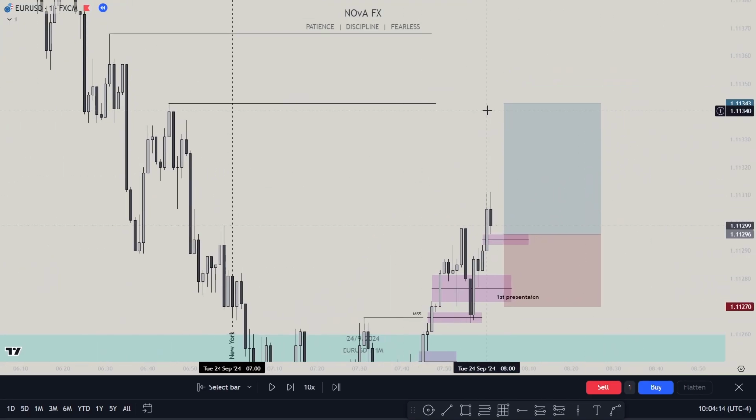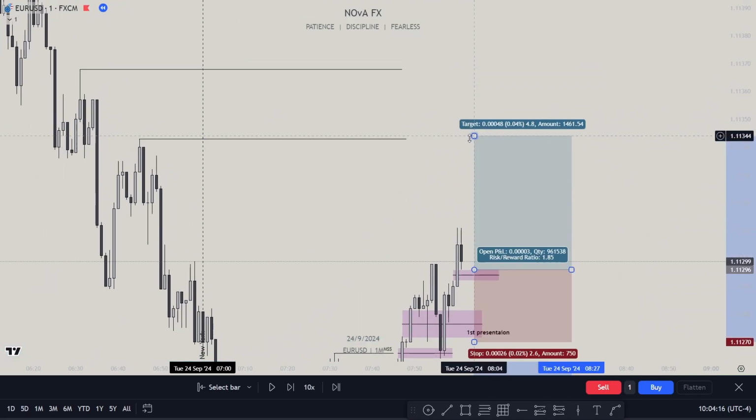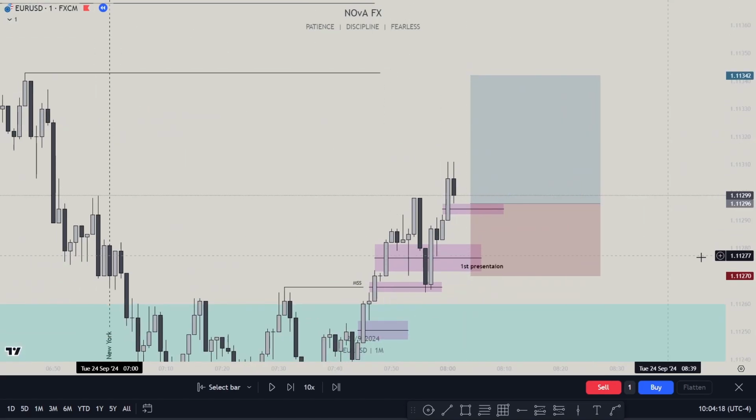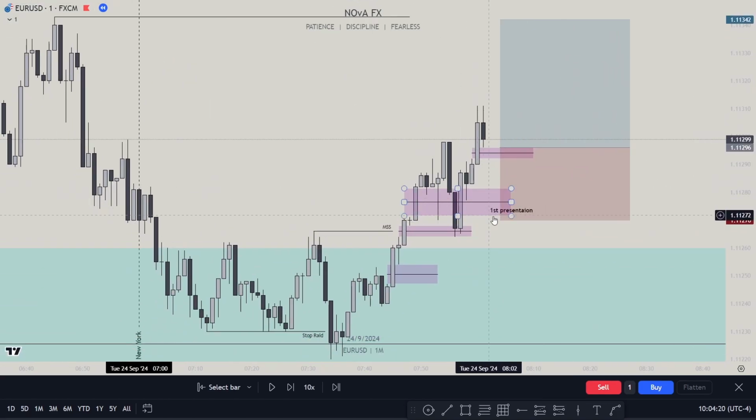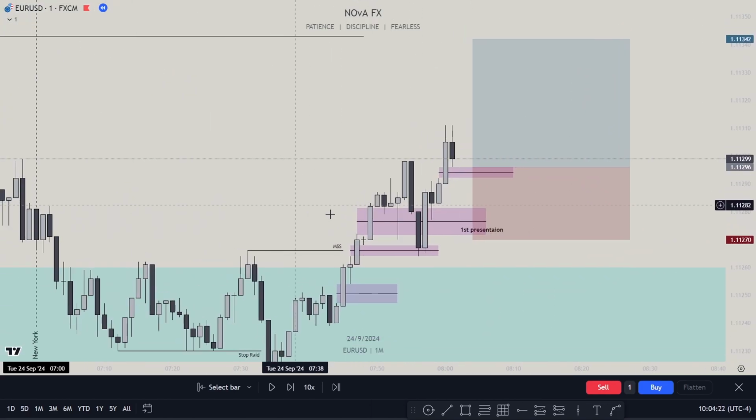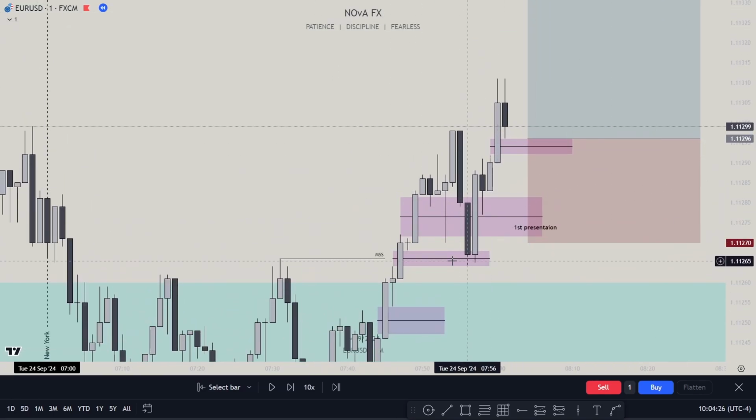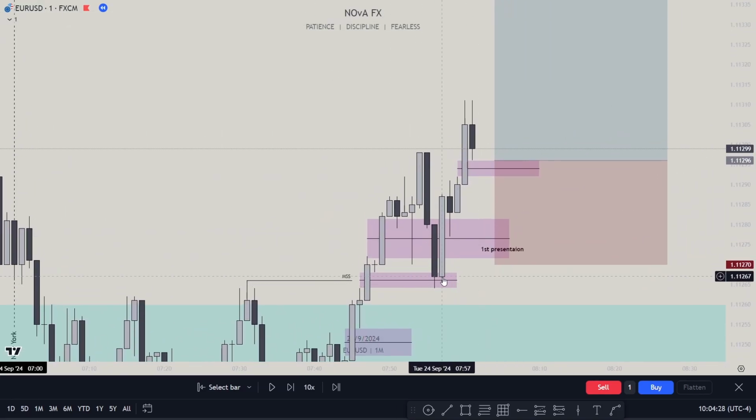All right, now let's see what happens. The first thing we see is that this FVG did hold the first part, and price went down and took the liquidity of this FVG. After taking the liquidity of this FVG, what is the price going to do?